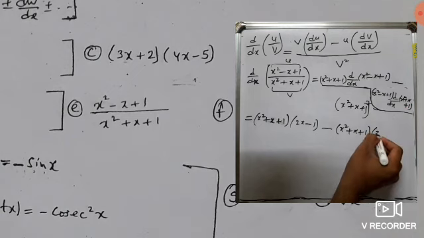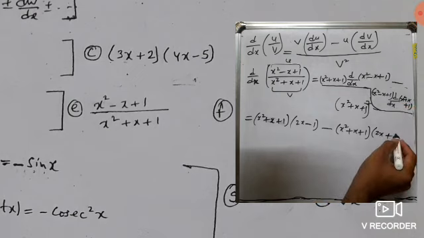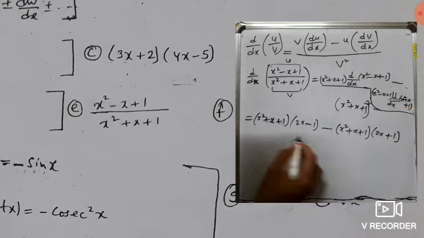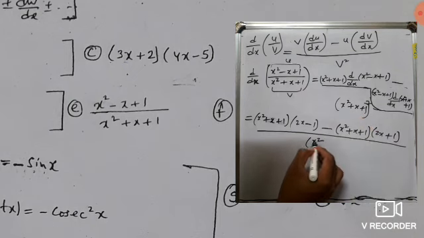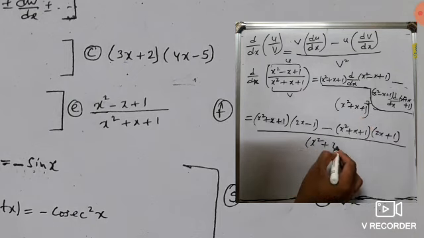Again 2 will come in front, it will be 2x plus d/dx of x will be 1, by v square, x square plus x plus 1 whole square.